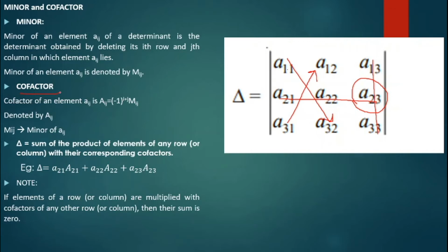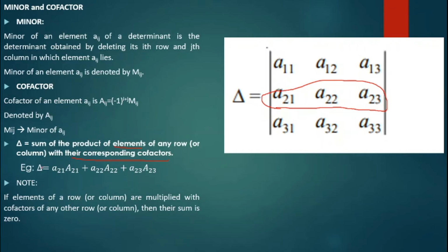Cofactor. Cofactor is nothing but minus 1 to the power i plus j times Mij. To find the value of the determinant, take the sum of the product of the elements of any row. This row I am taking, so the sum of the product of the elements with their corresponding cofactors. The corresponding cofactor of a21 is capital A21.